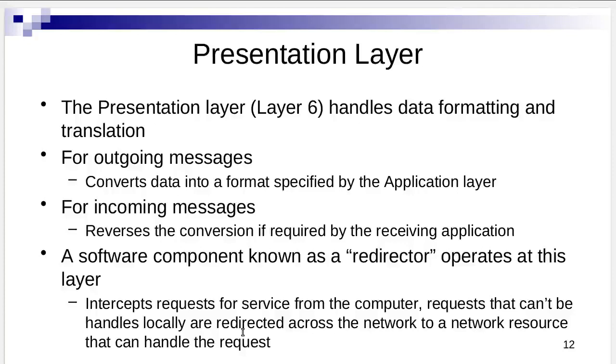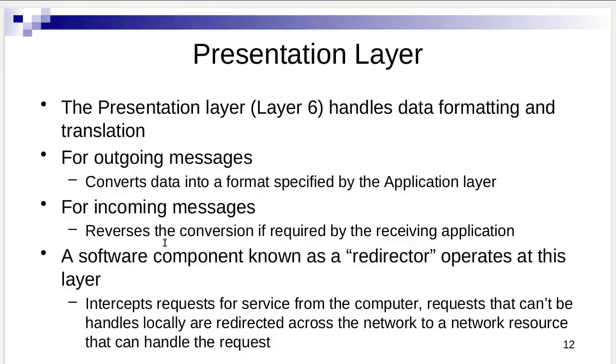Next layer down below the application layer is the presentation layer. That's layer 6. It handles data formatting and translation. For outgoing messages, when you're sending things down, you get data from the application layer that you convert into a certain kind of format, and then you pass that down to the session layer.